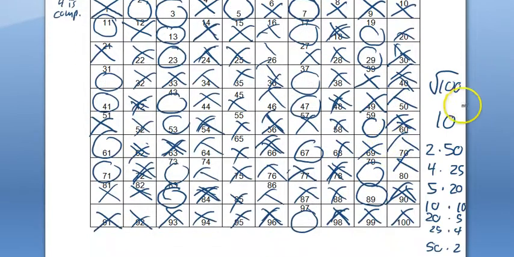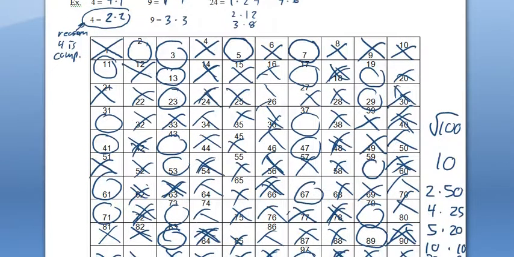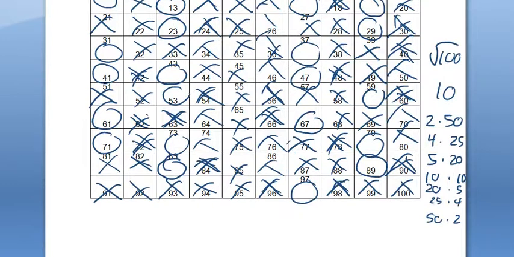All right, so if you have a square root of 100, you get 10, which means all we'd have to do to find out if a number is composite is check the primes that are less than 10. Because anytime you have a number, it has to be made up of a small number and a large number, and in the middle it's possible to get that perfect square root.